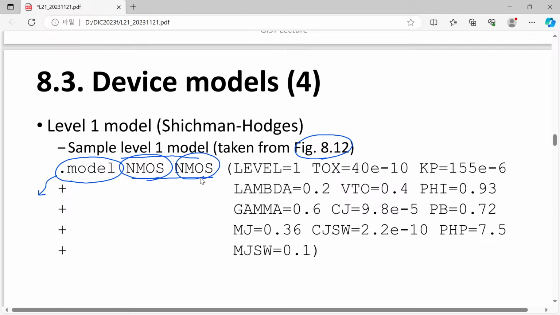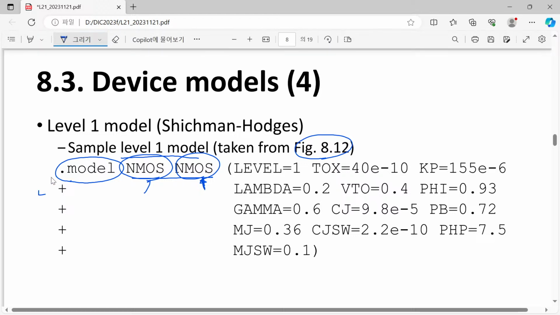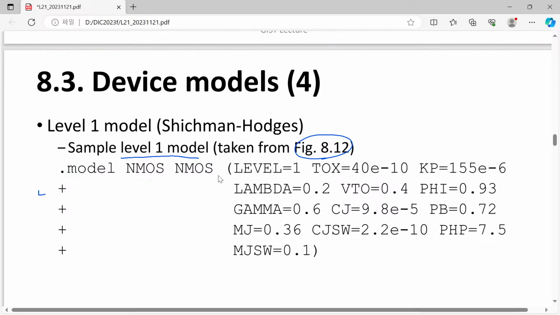So can you understand? This is already given, a reserved word, and this is your symbol. So instead of MMOS, you can give any nickname, because in this circuit you can have many different N MOSFETs. Therefore you have to specify many of them.